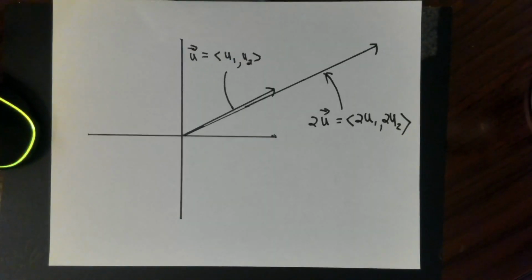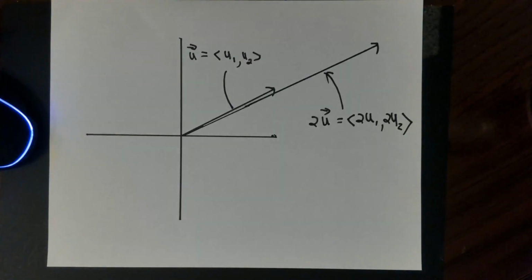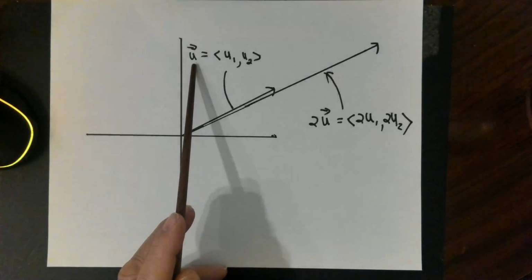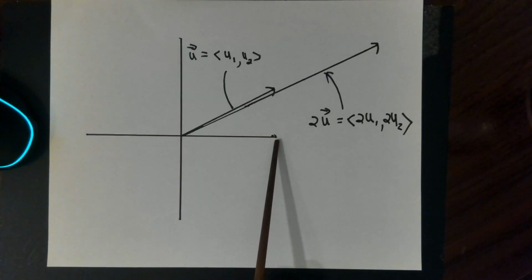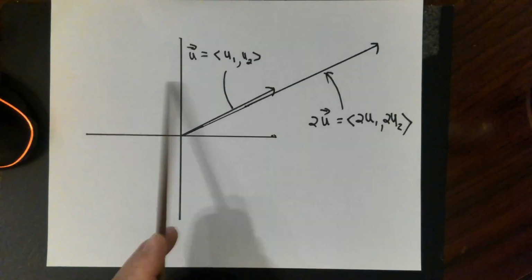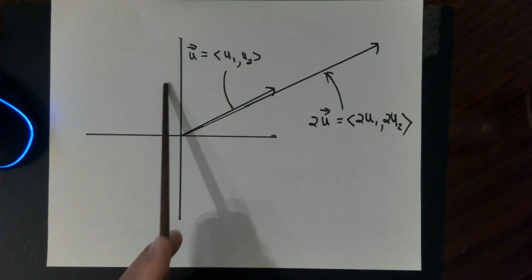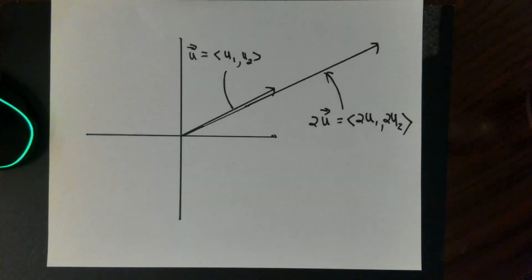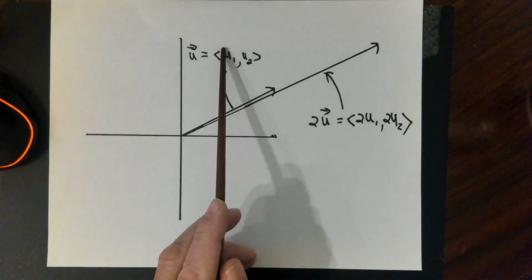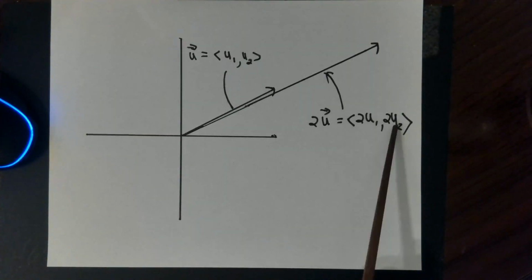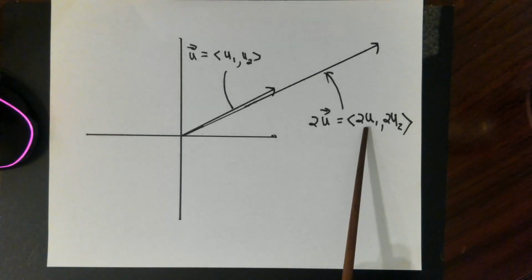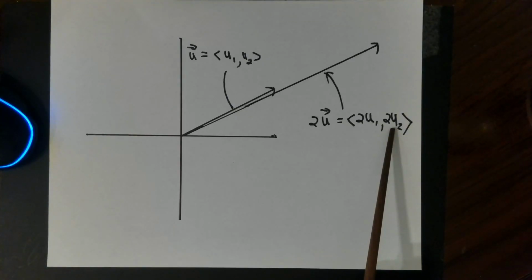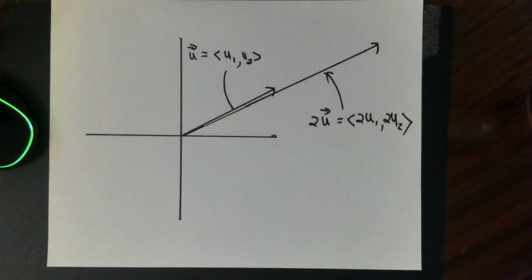We will define a number times a vector in the following way. For example, if you had a vector u with components u1 and u2, so this x-coordinate would be u1, this y-coordinate would be u2, then to obtain the vector 2u, I'll just take both of the components and multiply them by the 2. 3 times u would be 3 times u1, 3 times u2, and so on and so forth.